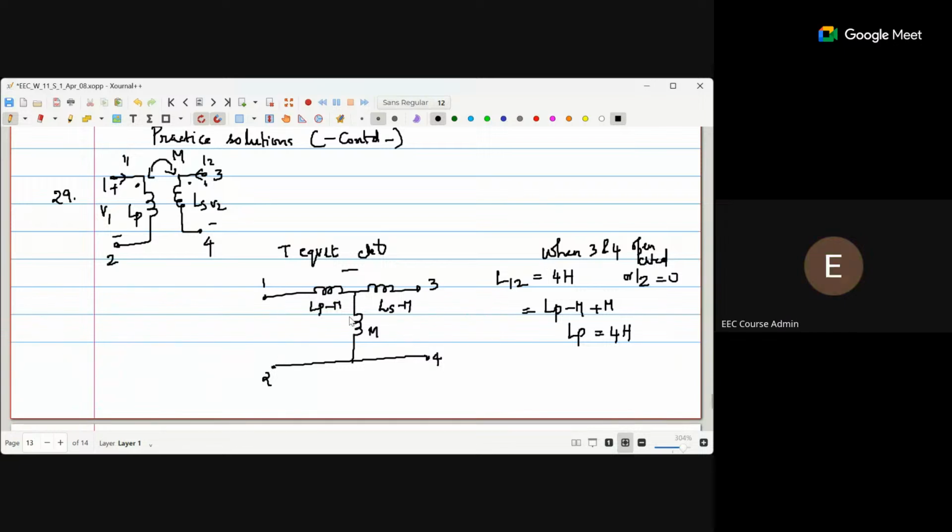Adding these two will give you the L1, primary winding. When it is open circuited, this port. Similarly, being symmetrical the other way, you will have these two sum for this secondary.